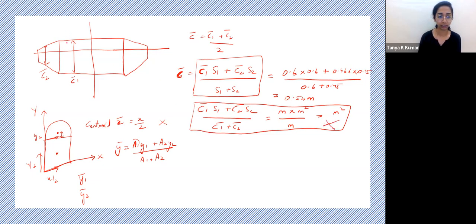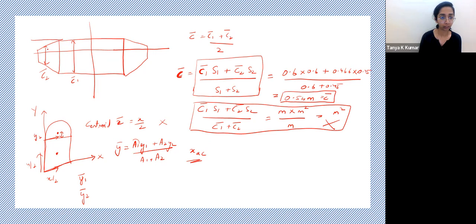Okay, now that we have the mean aerodynamic chord, we have the length. This is C bar. We were asked to find out XAC. How do you find out XAC? Suppose this is your leading edge.